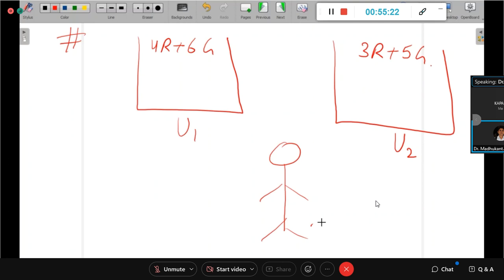Now you flip a coin. If you get head, you will go to urn 1. If you get tail, you go to urn 2. And then draw a ball.